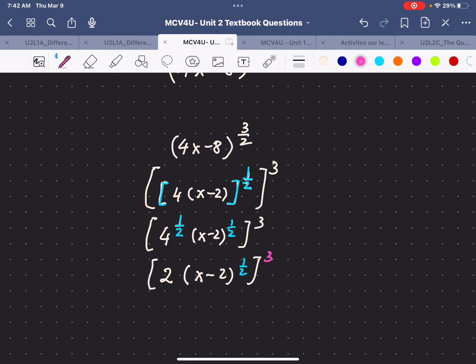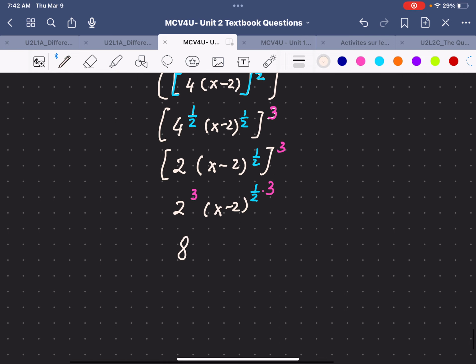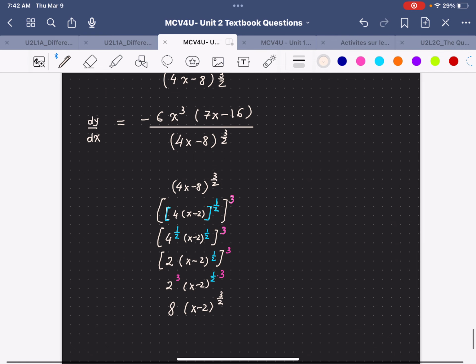So next thing I want to do is bring this power of 3 in. And then we have 2 to the power of 3. And then x minus 2 to the power of 1 over 2 to the power of 3. So that makes it 8. And then x minus 2 to the power of 3 over 2.